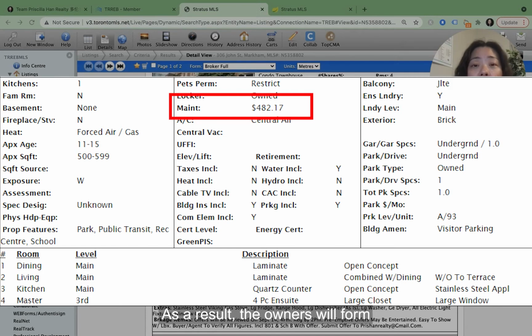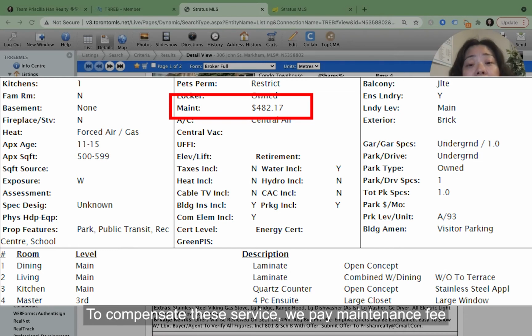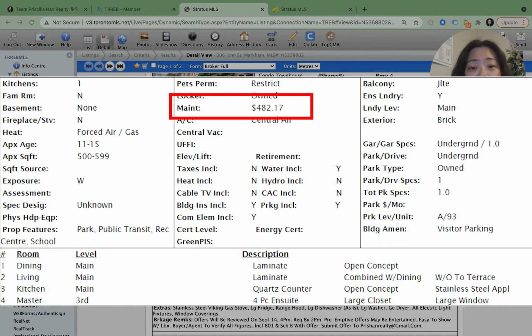As a result, the owners form a condo corporation, and the condo corporation hires a property management company to deliver services to maintain these lands, such as cutting the grass and mowing the lawn. To compensate for this service, we pay a maintenance fee. This number is the maintenance fee you are supposed to pay every month. This will affect the loan you can take, so this is important information. Do make sure when you make an offer on a property, you let your mortgage manager know the maintenance fee.